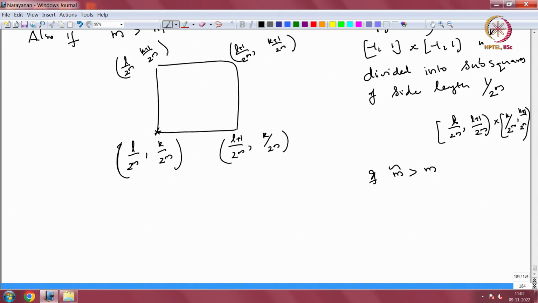That is how the square looks. So this is one square in the mth level, and if you go to the m tilde level, these squares get divided.